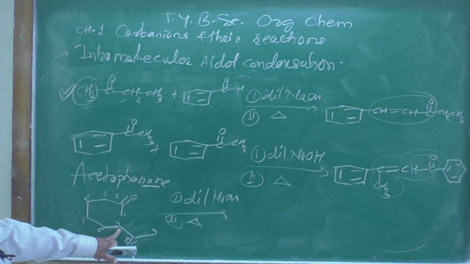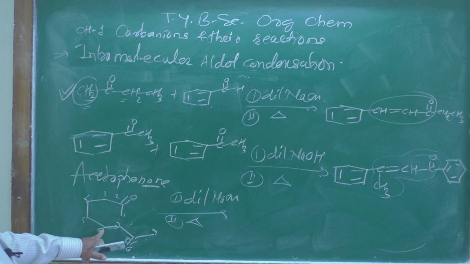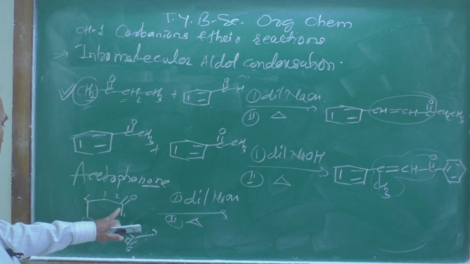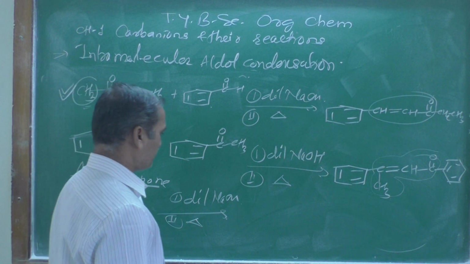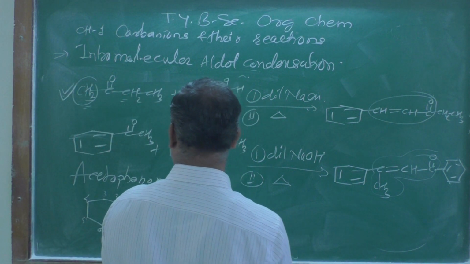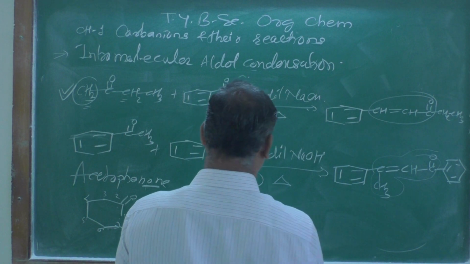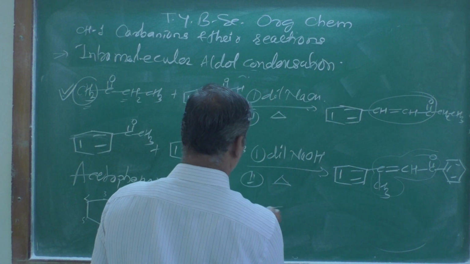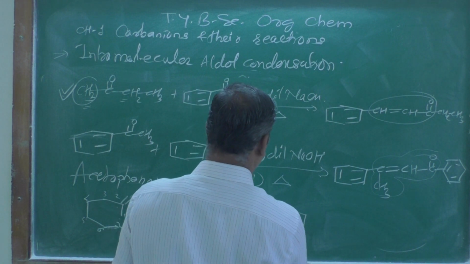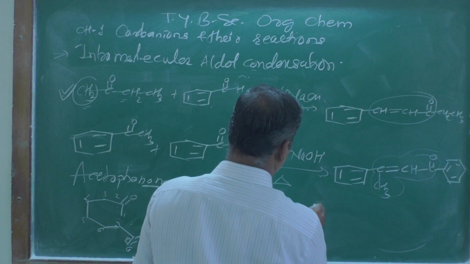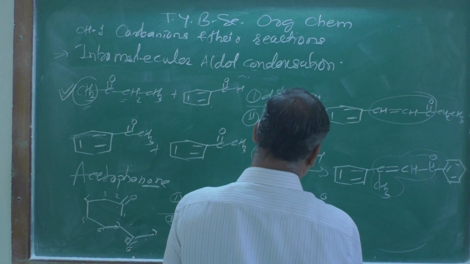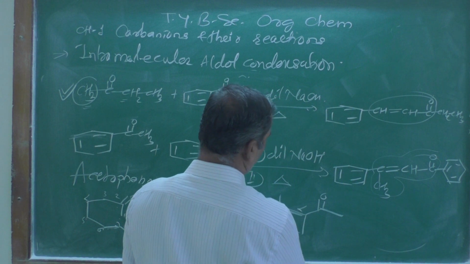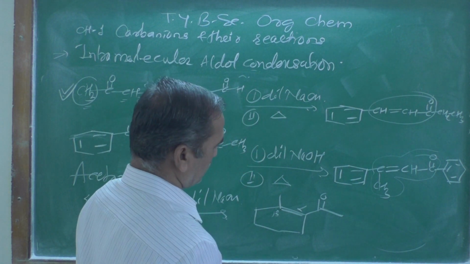So here 1, 2, 3, 4, 5 and 6. If you do this, you are going to get this type of product over here. This is an alpha beta unsaturated compound, and it has a 6-membered ring.